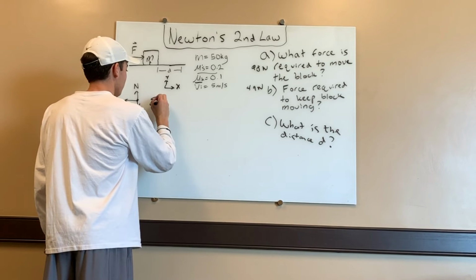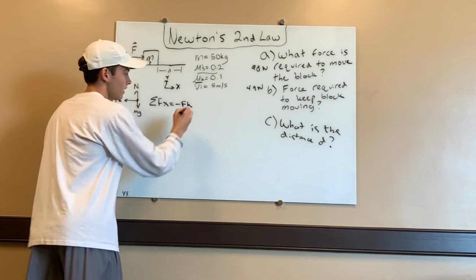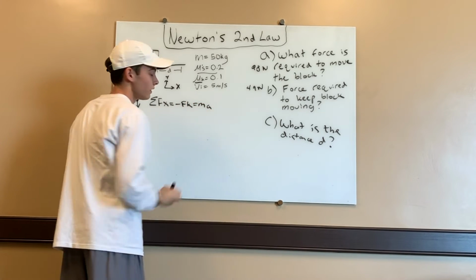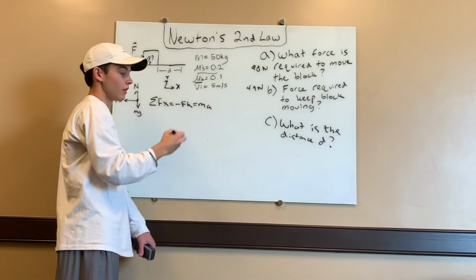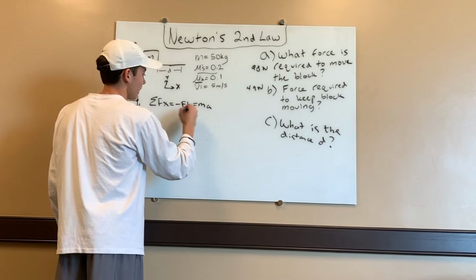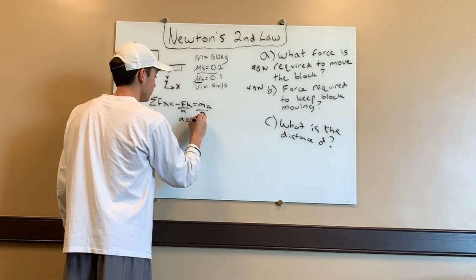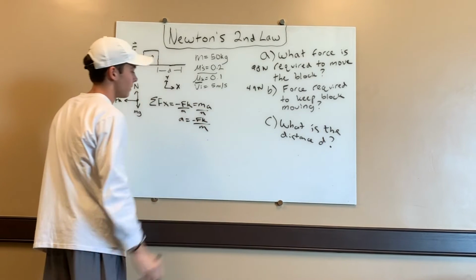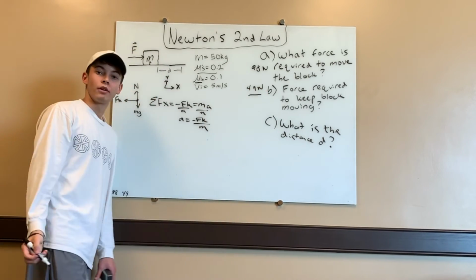So let's do our sum of forces in the x. We have negative Fk equals ma. And in this case, because we have an acceleration, we can't take this to be 0. We have to solve for a. So dividing by m, we get a equals negative Fk divided by m. And we found our kinetic friction force to be 49 newtons.